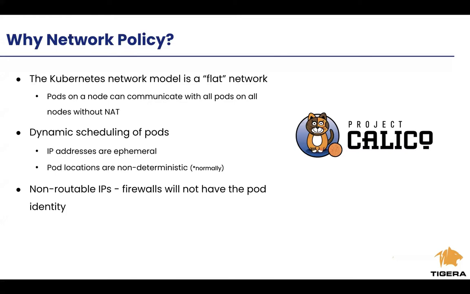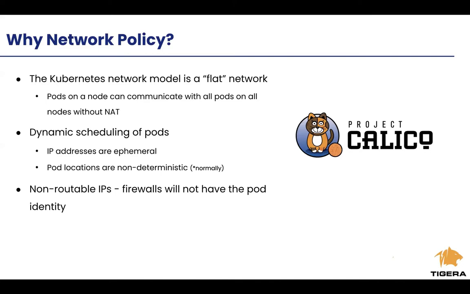Now, the second point is, the dynamic scheduling of pods results in the IPs being dynamic, non-static, ephemeral, and pods can be located dynamically across different nodes. That's the normal situation. Of course, you can use certain approaches to ensure that they're running on certain nodes, but traditionally they're running dynamically, and they've been assigned IPs dynamically.